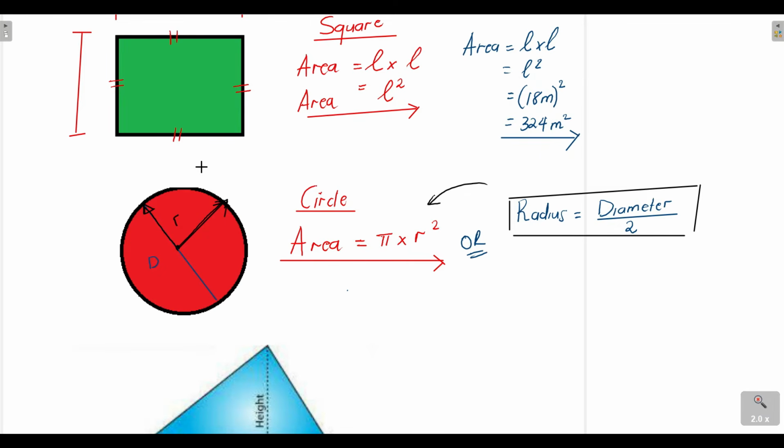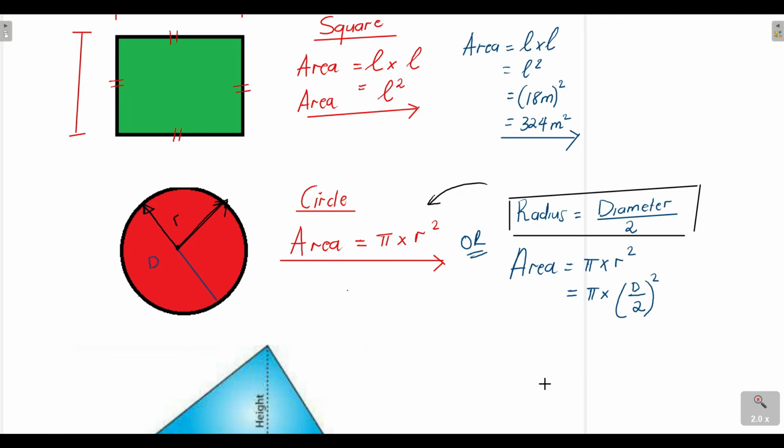Here we take area, remember, we already know that it's equal to pi multiplied by r squared. So that is equal to pi multiplied by, what do we know about the radius? We already know that the radius is equal to the diameter divided by 2. So where we see r, we can just write d divided by 2. Close your brackets, all squared.